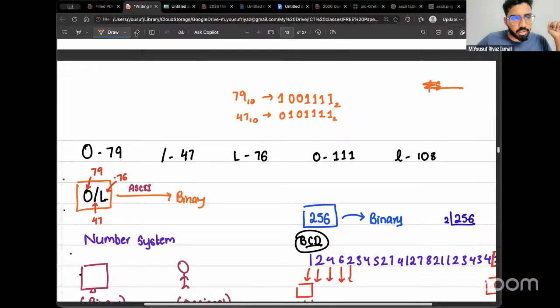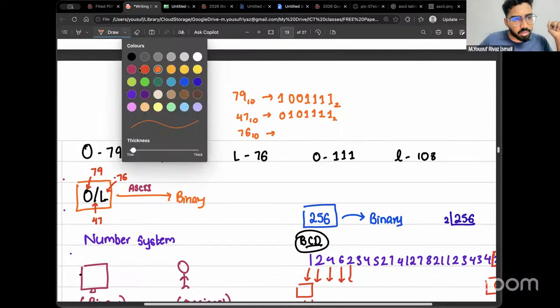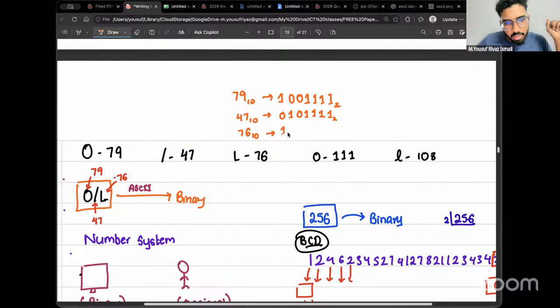And if you convert 76 to binary, 76 is equal to 1, 0, 1, 1, 0 0, using 64, plus 8, plus 4.